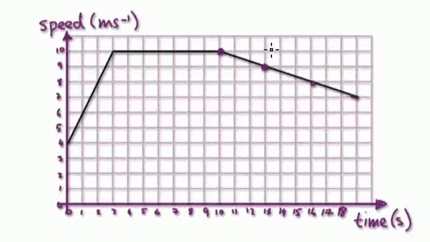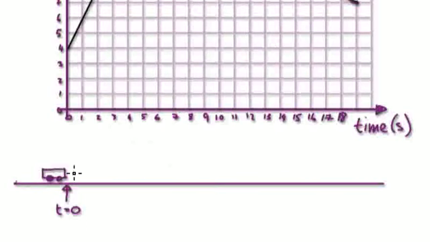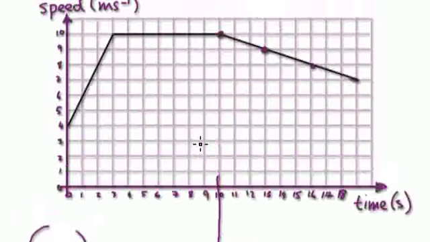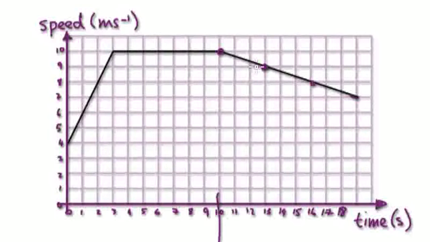In real life, it means that when you're about here, at 10 seconds, your dad is applying the brakes. He's putting his foot on the brakes. So here you've got a negative acceleration, or you can say the car is decelerating.